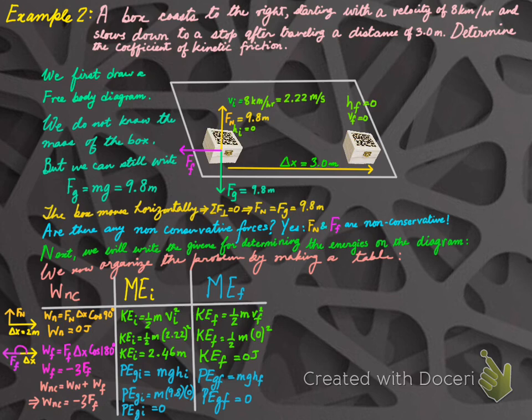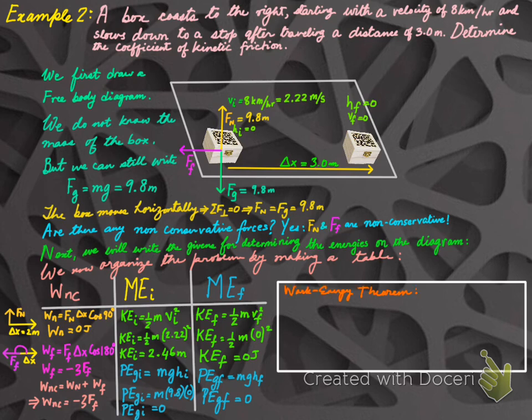Now we're ready to apply the work energy theorem. Here's a statement of the work energy theorem: the non-conservative work plus the initial kinetic energy plus the initial gravitational potential energy equals the final kinetic energy plus the final gravitational potential energy.